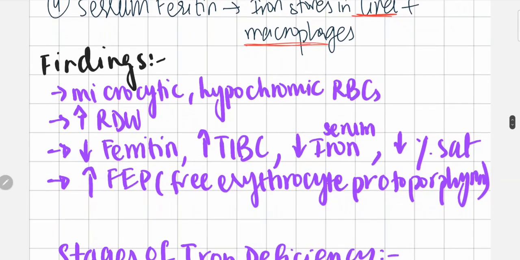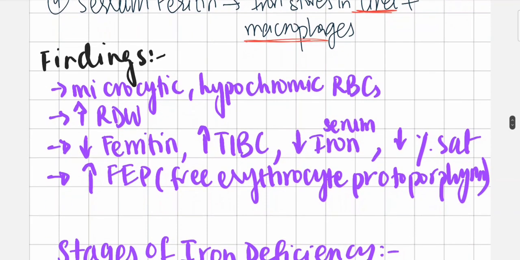Now, in iron deficiency anemia, what are you going to find? You're going to find microcytic and hypochromic RBCs. Now, I already told you how they are microcytic because they have less mean corpuscular volume, because we have less iron, and less iron means less heme, and less heme means less Hb, and because there's less Hb altogether, that is going to decrease the cell size, because we know that during erythropoiesis the cell size increases because of accumulation of hemoglobin.